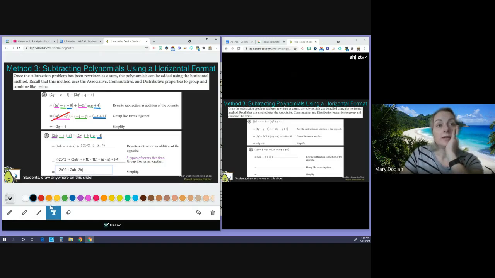A minus a. Well, these are opposites. Again, you don't see the coefficient, but there's really a positive 1 there, and there's really a negative 1 here. So whenever you add opposites, they get canceled out. This is actually just 0. It goes away entirely.